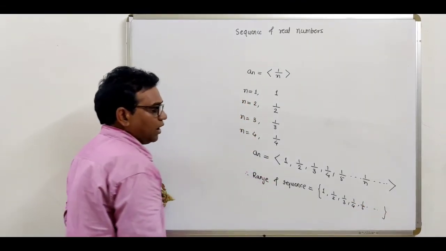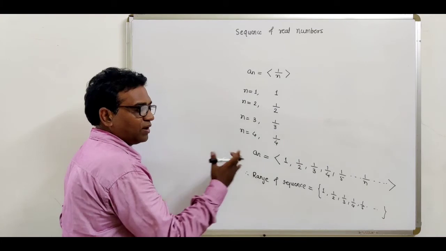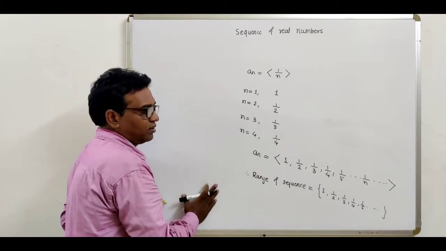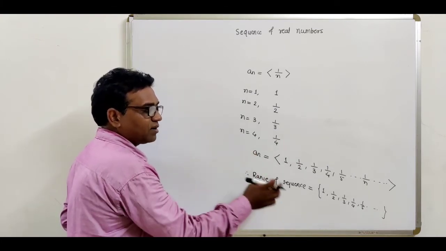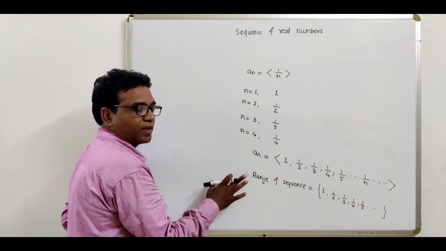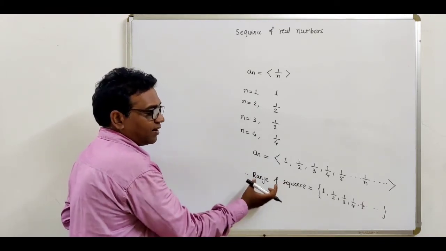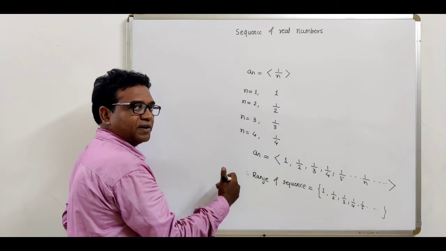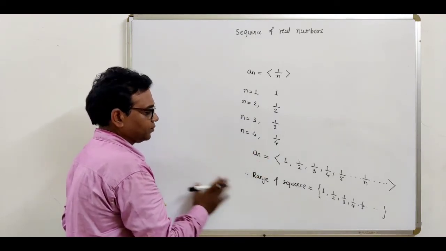It contains the same number of elements. So remember, the range is either a subset or it may be equal to the sequence.